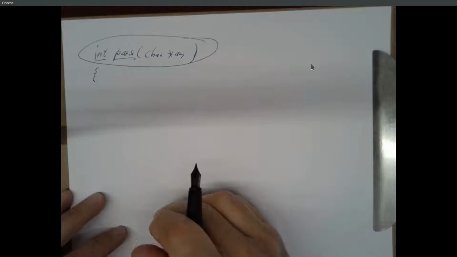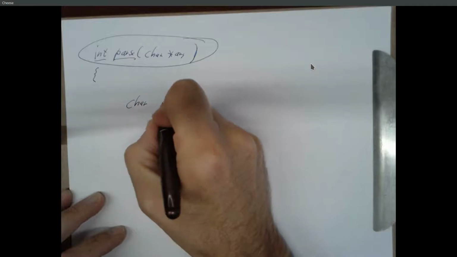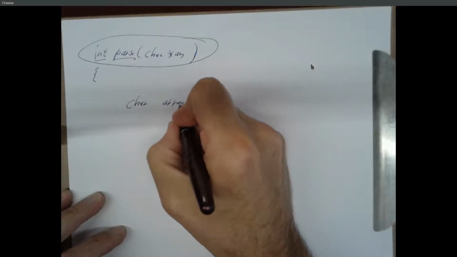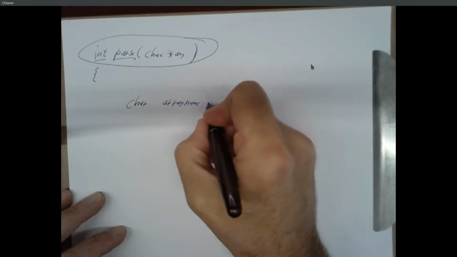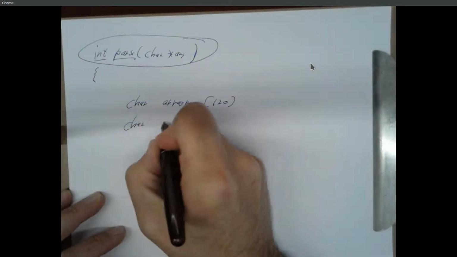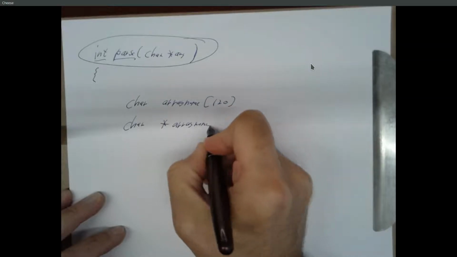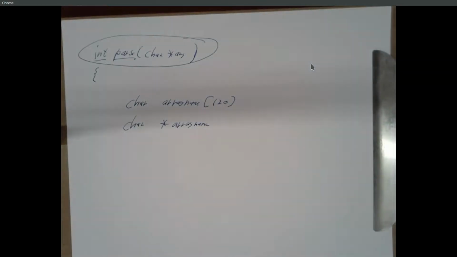I think the ODP says it should accept a string, or maybe it says a char star. So what is a string? It's an array of characters. And how do we make an array? Well, usually we say either char array, whatever it's called, bracket, and the length of the array, or we say char star and the name of the array. Those are our two main ways.